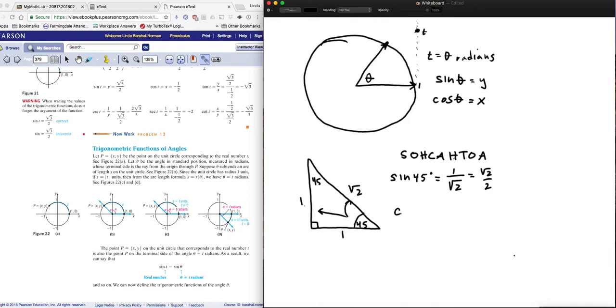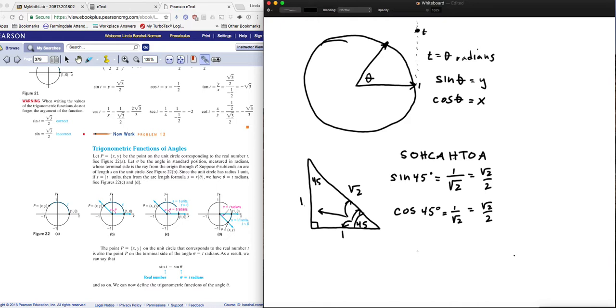All right, how about the cosine of 45 degrees? Well, that would be adjacent over hypotenuse, which is again 1 over the square root of 2, or rad 2 over 2.